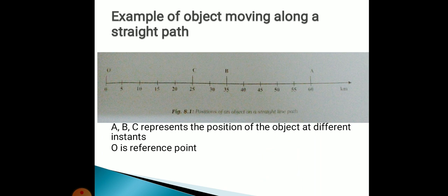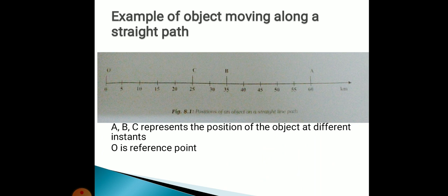At first, the object moves through C and B and reaches A. Then it moves back along the same path and reaches C through B.